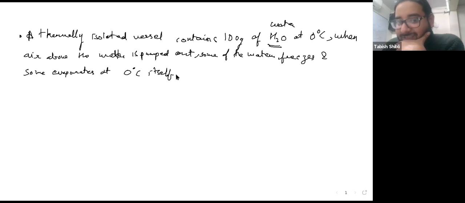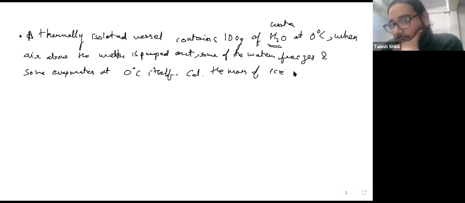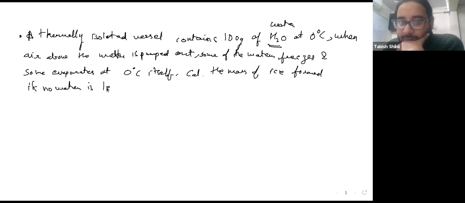So some of it is being frozen, converting to ice, and some is converting to vapor. And a very interesting thing is happening here. What I want you to calculate is the mass of ice formed if no water is left in the vessel.